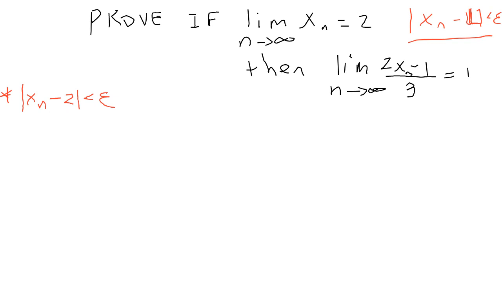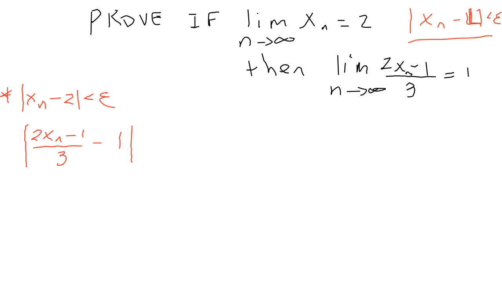We have a sequence which is 2x sub n minus 1 over 3. Your algebra is going to have to be good right here. Minus what they said the limit should be, 1. I have replaced the limit thing in the formula.